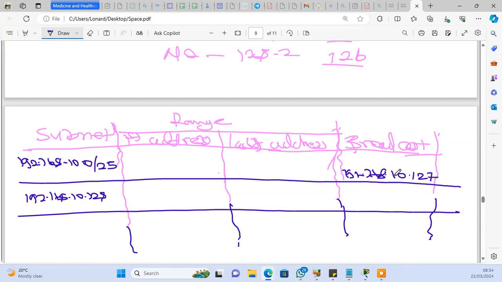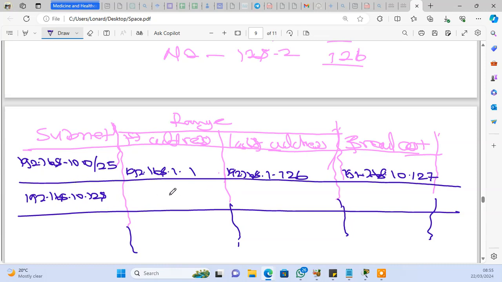Then subtract the 1 again to get the last usable, which will be 192.168.10.126. Then here you add the 1 to get the first usable, 192.168.10.1. So this is the range of our first network.